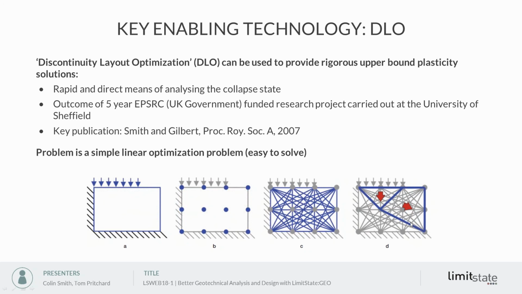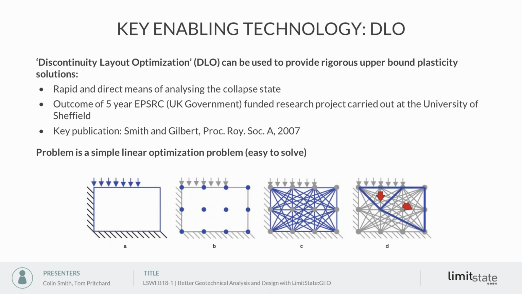So we've just got 6 of those original 66 slip lines forming the critical collapse mode, and we can then show what the mechanism is in that particular case. Now, the accuracy of the solution does depend on the number of nodes. Here we're only solving with 12. Typically you'll be solving with maybe 1,000 nodes, and therefore of the order of 1 million potential slip lines.